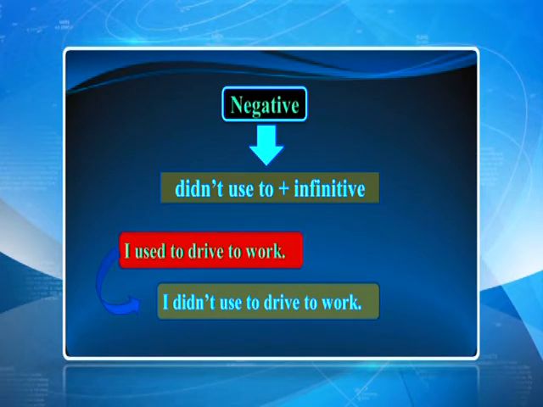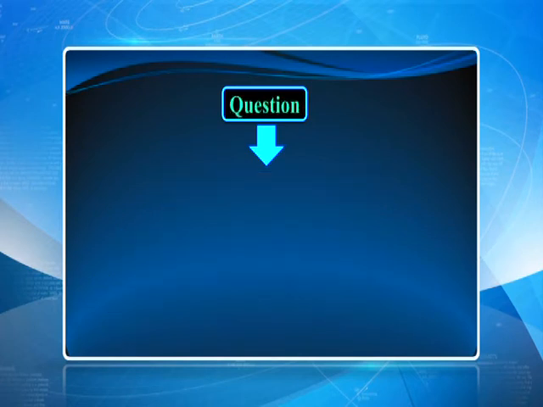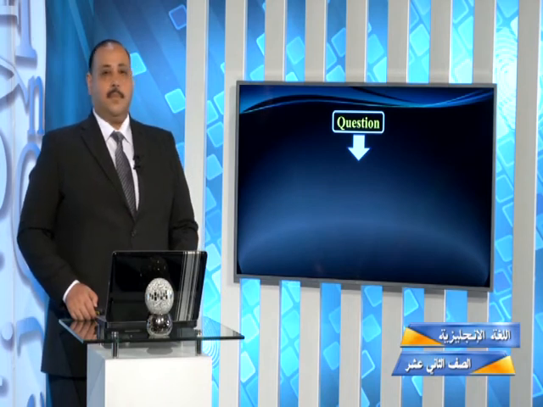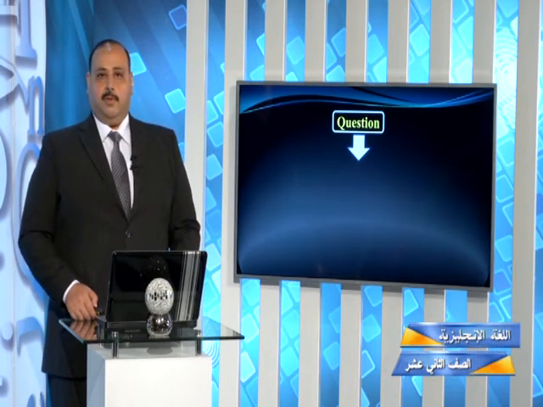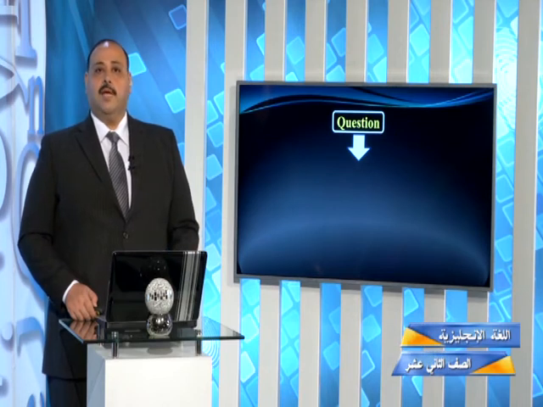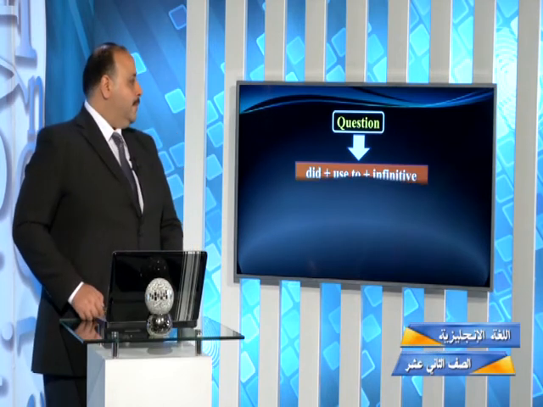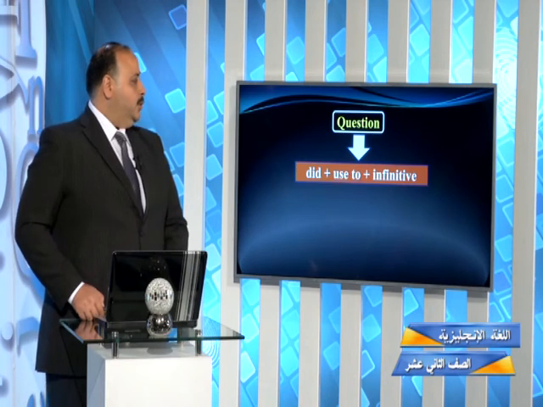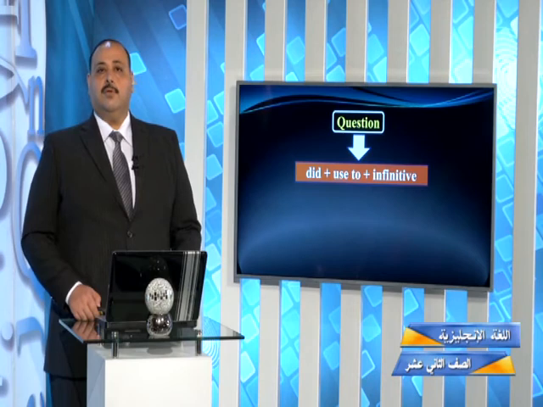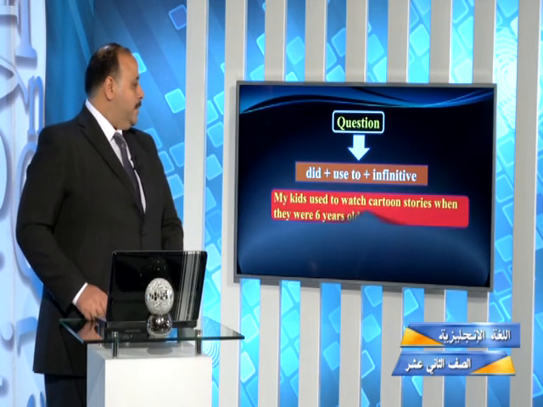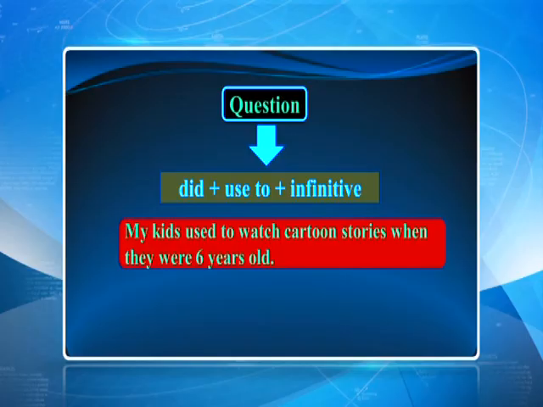Let's have another form. It's about question. If you have used to plus the infinitive in a sentence, and you want to ask a question about it, how do you think you can form this question? Did plus use to plus infinitive. Now let's have a good example of it. My kids used to watch cartoon stories when they were 6 years old.